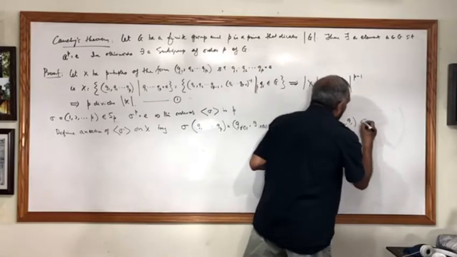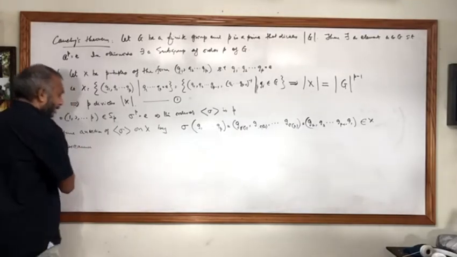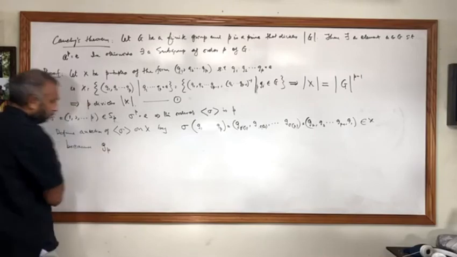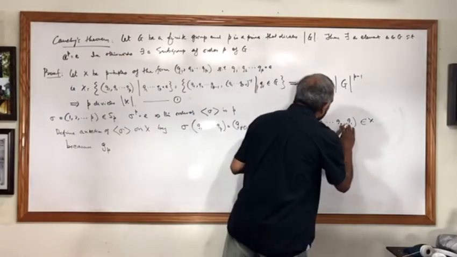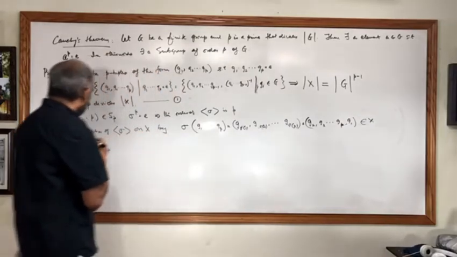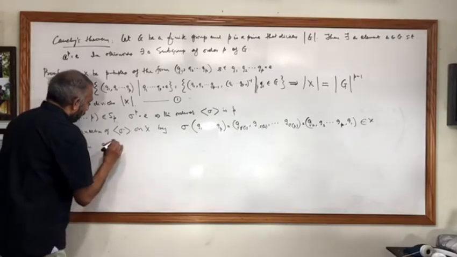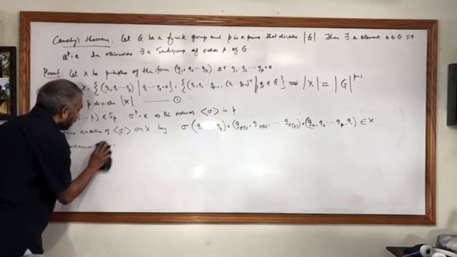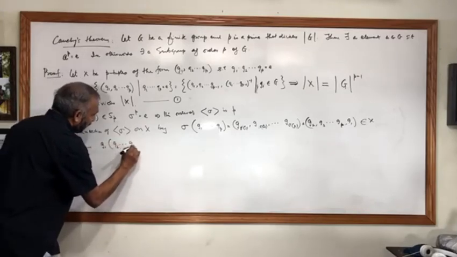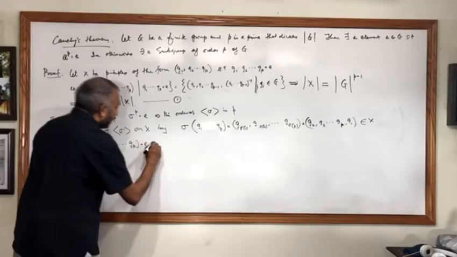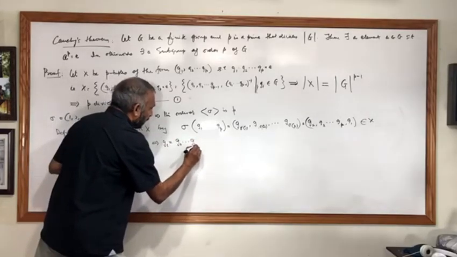This also belongs to X, because g1 g2 ... gP is equal to E, and that implies g1 is equal to (g2 ... gP) inverse.